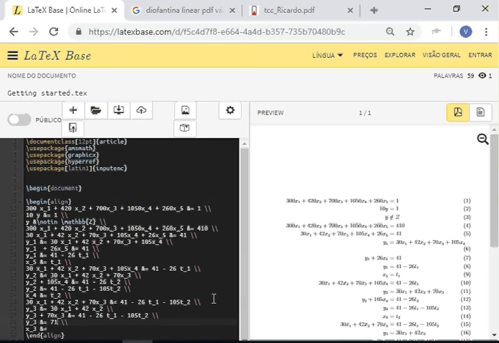minus 1 equals to 1. And 1 minus 0 equals to 1. Multiplied by left hand side, 41 minus 2061 minus 152.